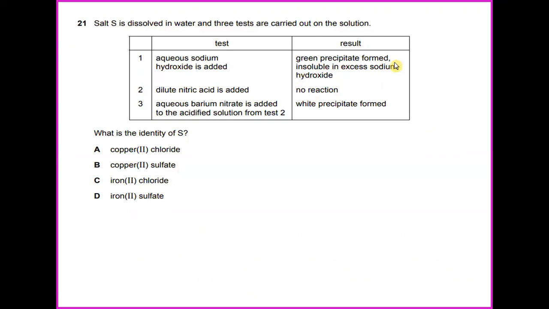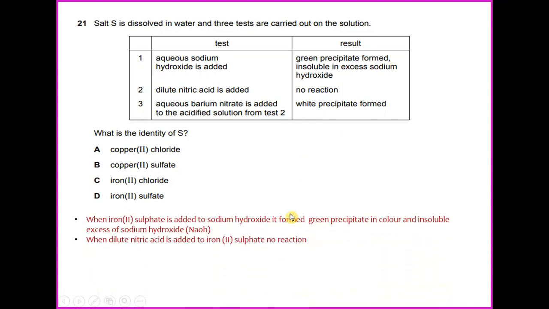Question number 21. Salt S is dissolved in water and 3 tests are carried out on the solution. What is the identity of S? When iron(II) sulfate is added to sodium hydroxide, it forms a green precipitate that is insoluble in excess sodium hydroxide.